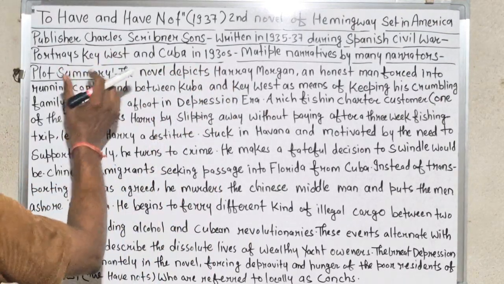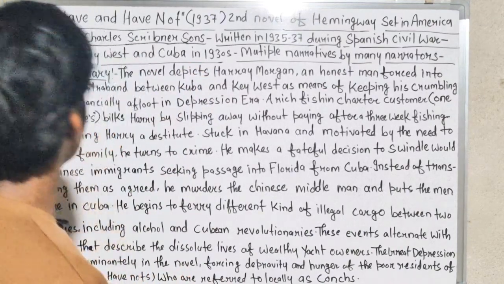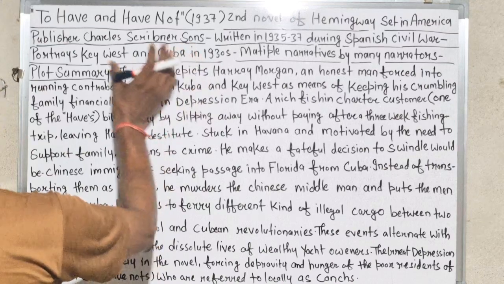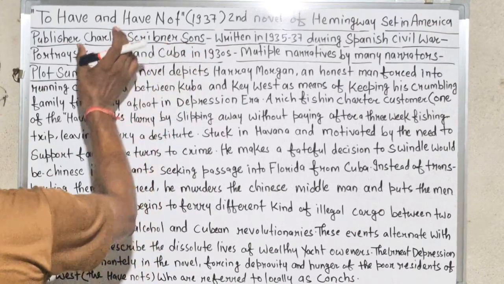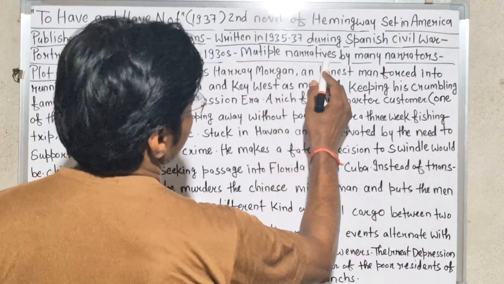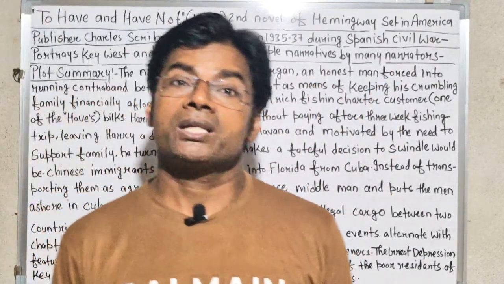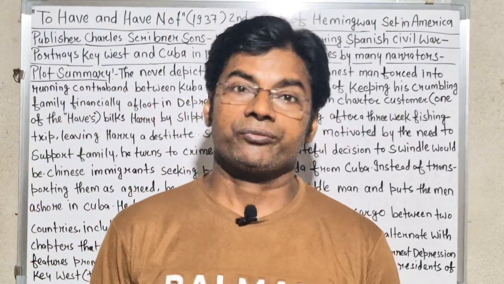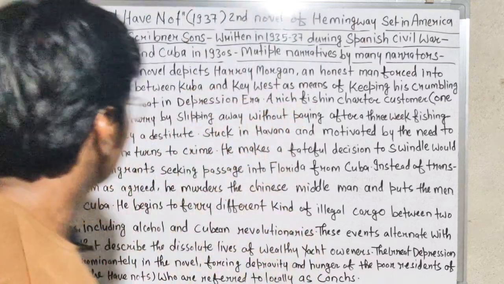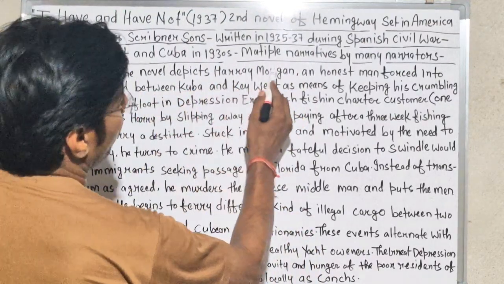What was actually the situation in these two places, Key West and Cuba? Multiple narratives by many narrators are used in this novel. So let's look at the summary. The novel depicts Harry Morgan.